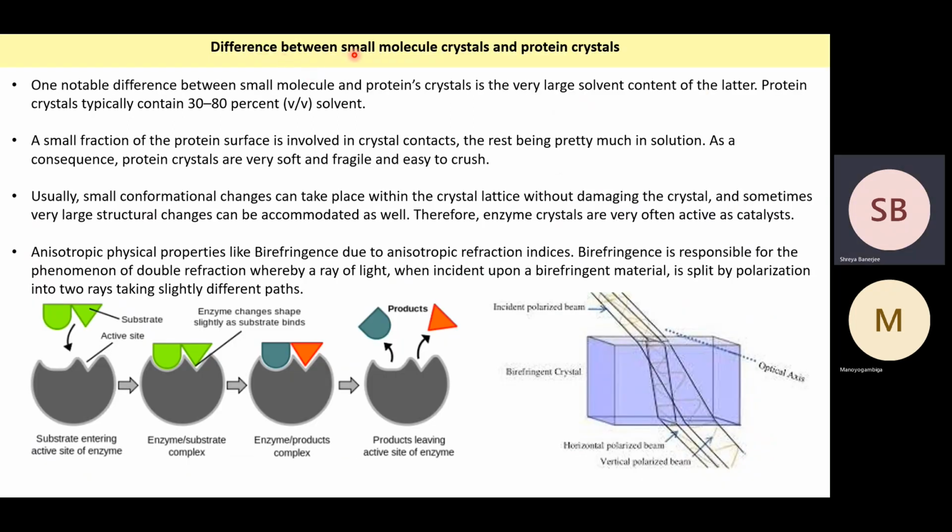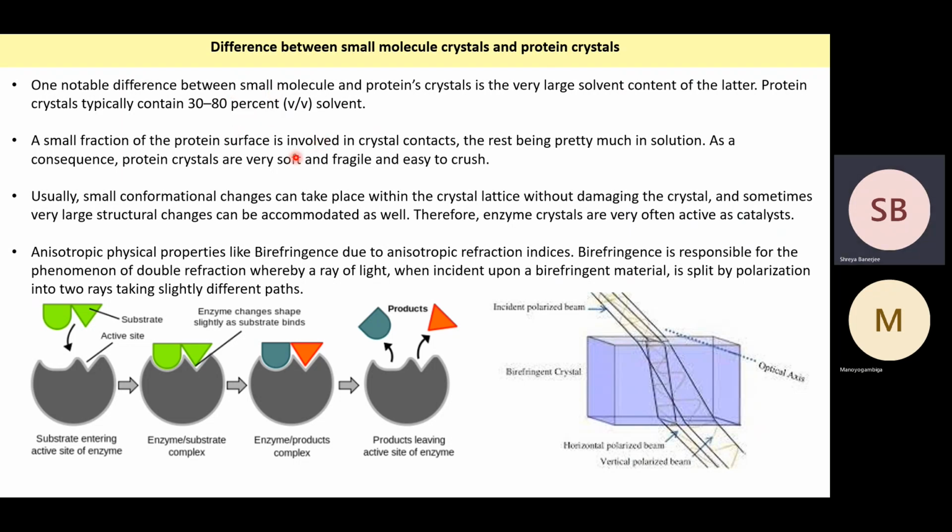There are certain differences between small molecule crystals and protein crystals. One of the notable differences is that in protein crystals, the solvent content is very high. Typically 30 to 80% by volume of the crystal is solvent.